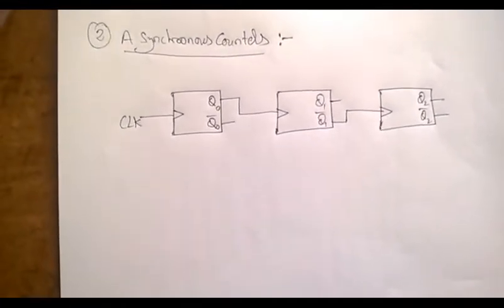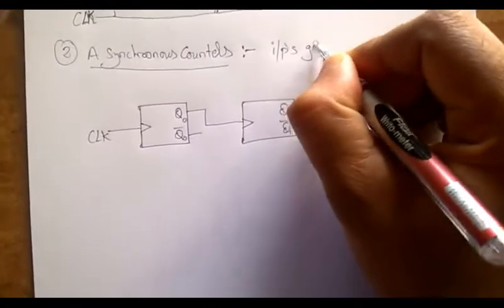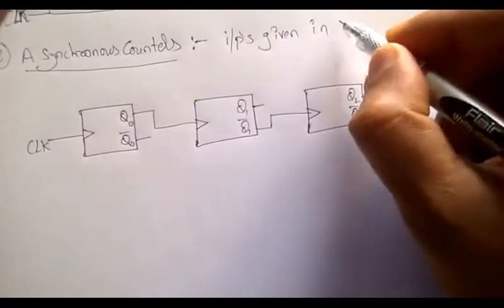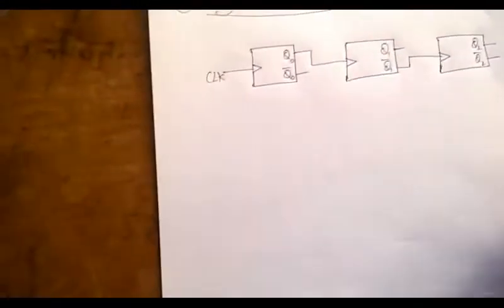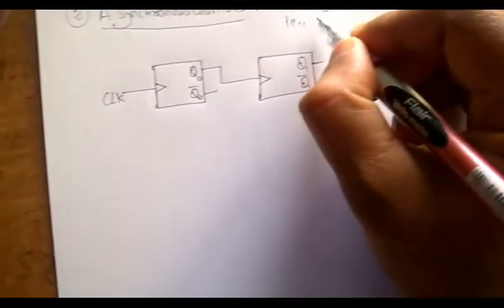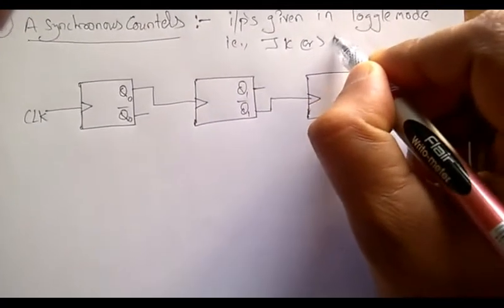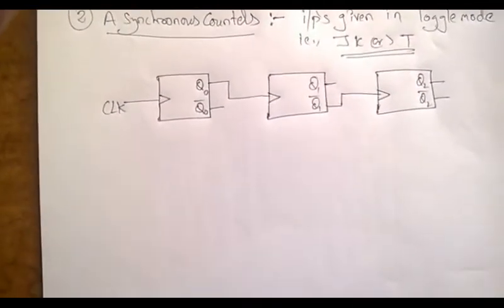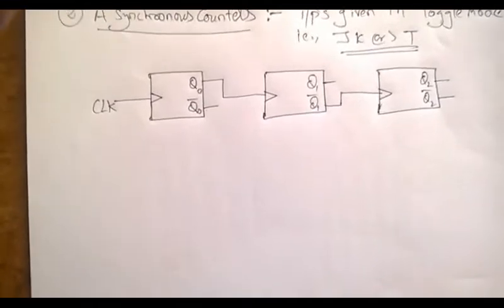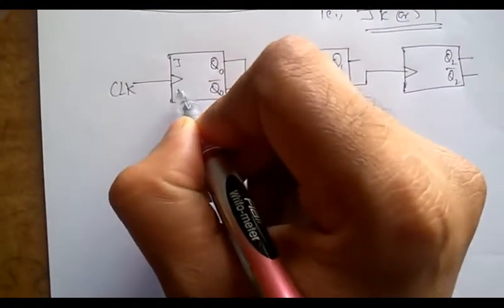In asynchronous counters, we take the inputs given in toggle mode, that is JK or T. Okay, from the knowledge of sequential circuits, we can say that in a JK flip-flop, toggling occurs when JK is equal to 1, right?